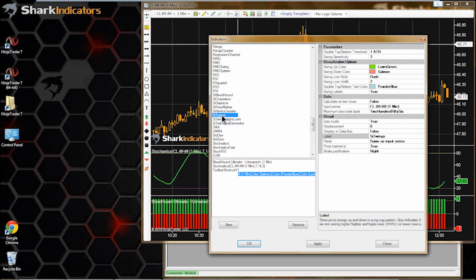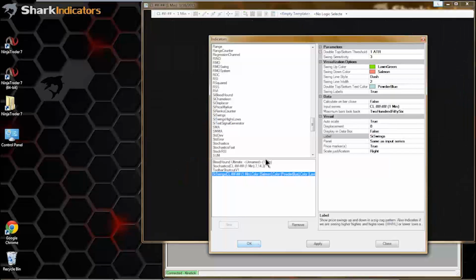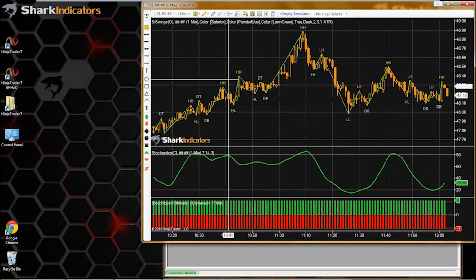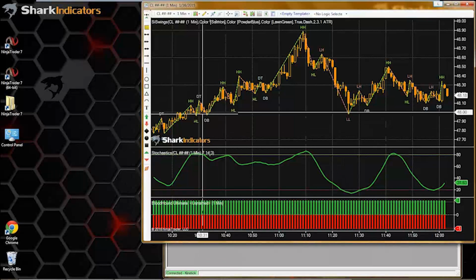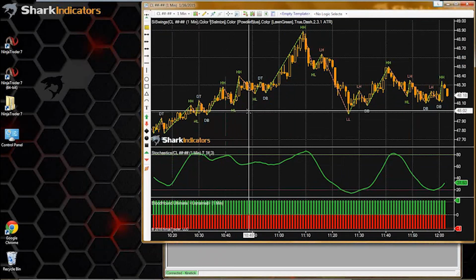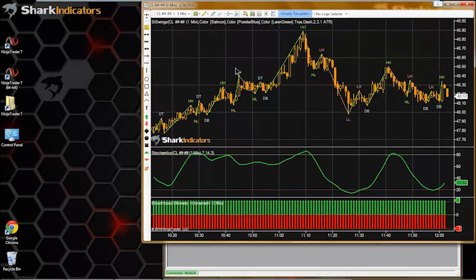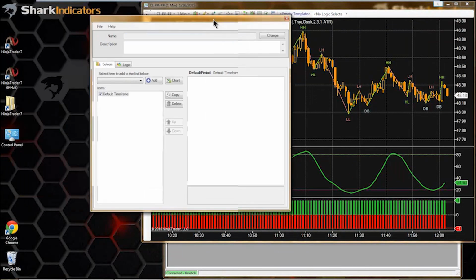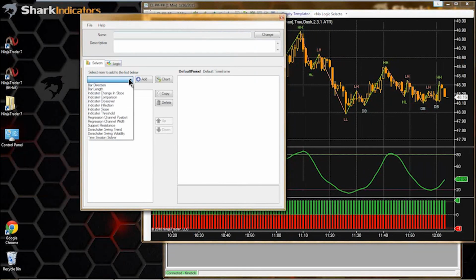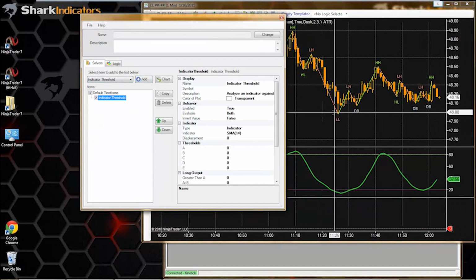So the swings indicator, if I add that on the chart, it gives a nice visual on the chart. All right. So I'm going to show you what's actually available inside this SI swing indicator.